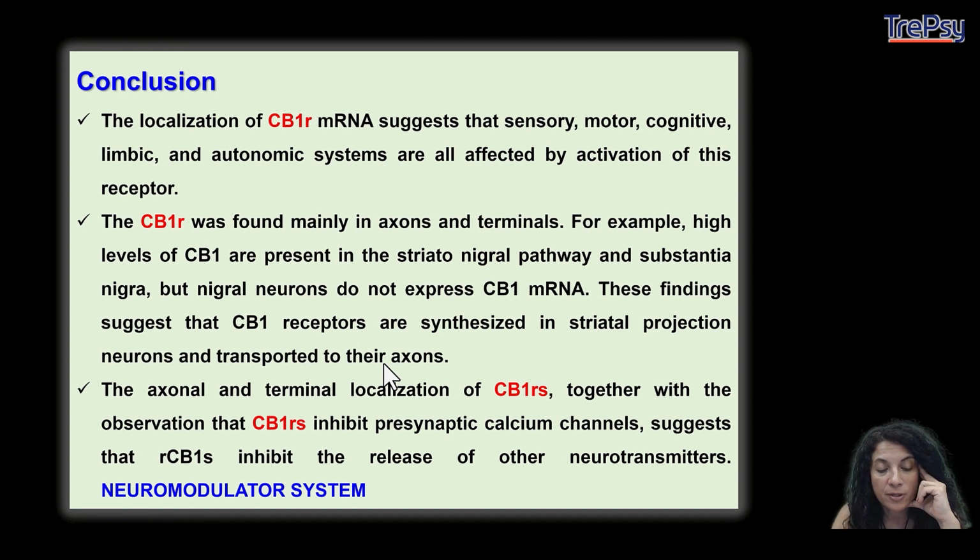The axonal and terminal localization of CB1 receptor, together with the observation that CB1 receptors inhibit presynaptic calcium channels, suggests that CB1 receptors inhibit the release of other neurotransmitters. It's a neuromodulator system that I told you before.